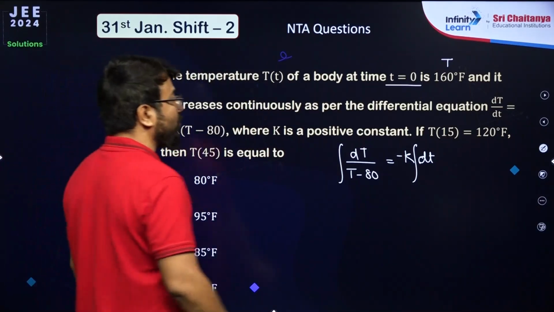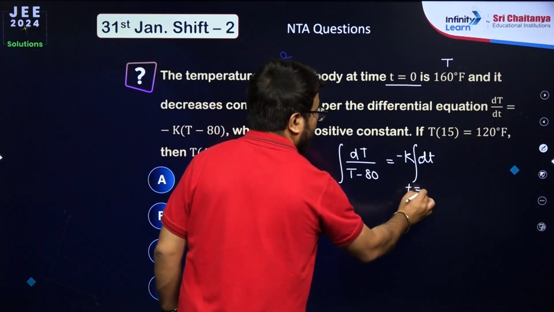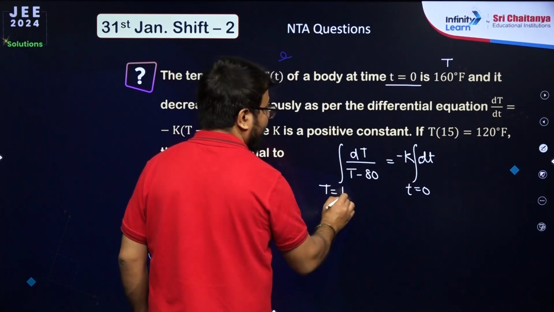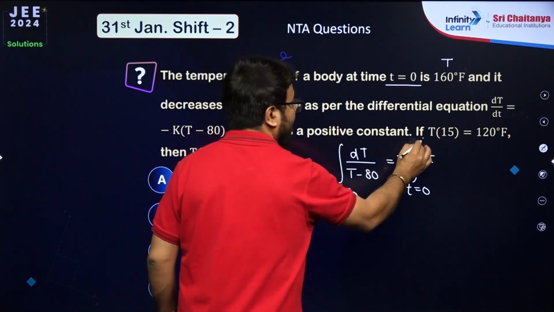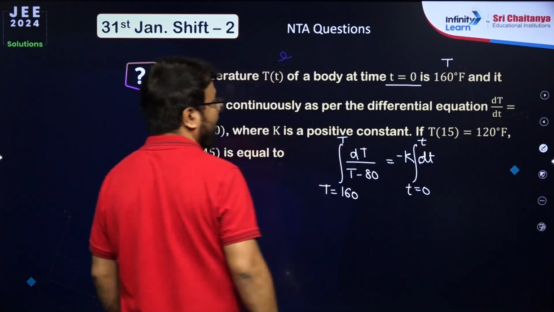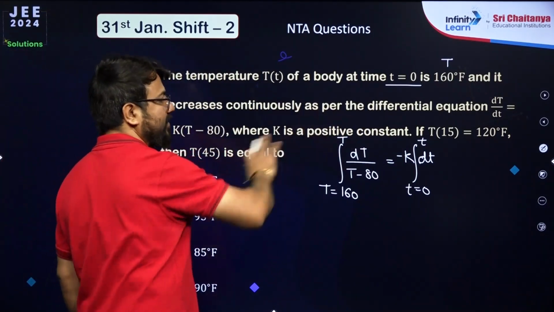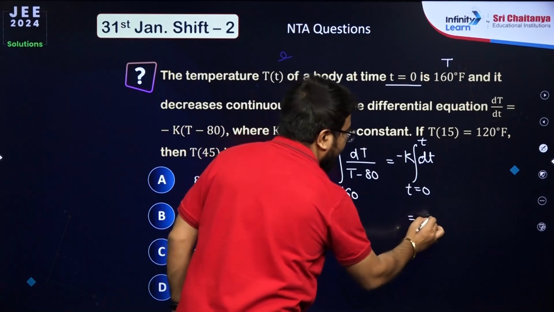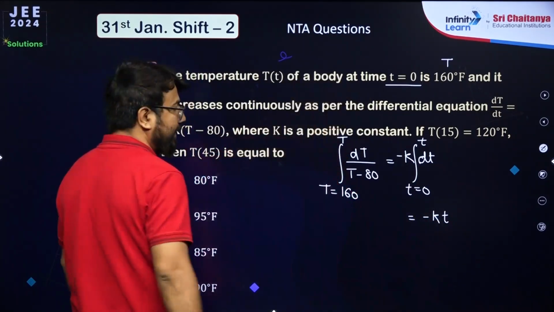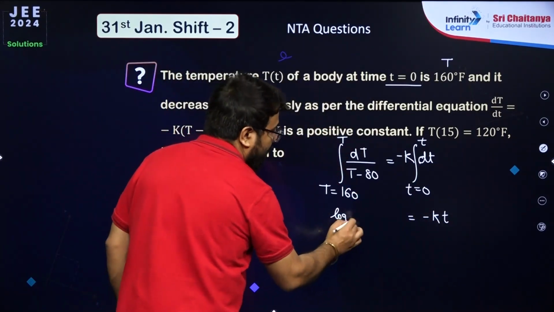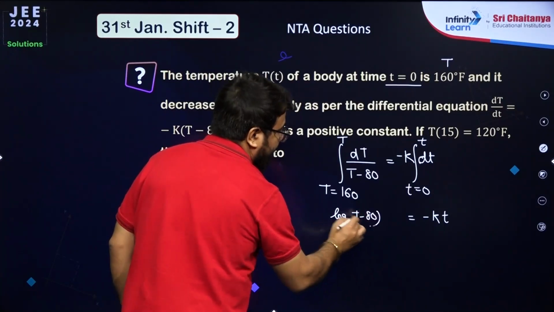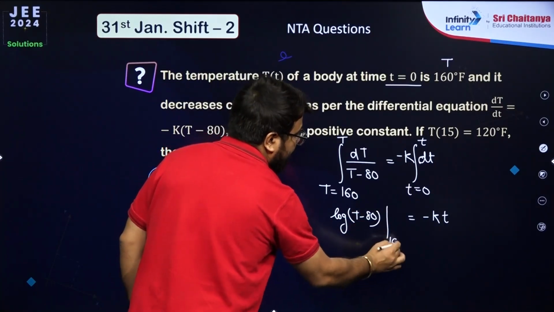If I take the value of small t as 0, then capital T will be 160, and at t it will go till capital T, because I do not know what the capital T value should be at time t. So here it will be minus kt, and here it will be log of (T minus 80), from 160 to T.